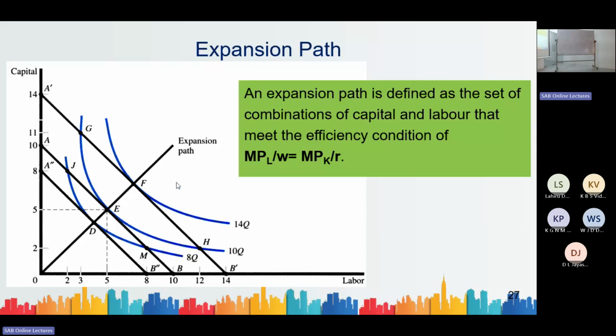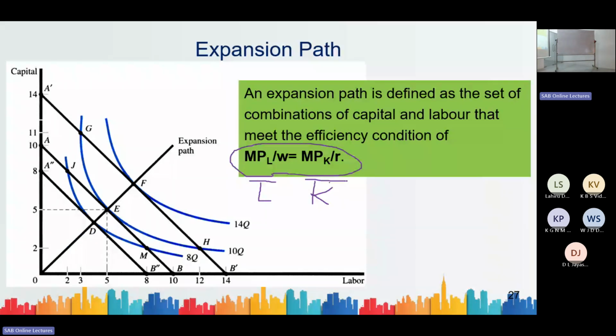At equilibrium, an additional rupee on each input generates the same additional output from each input. So they are equally beneficial. Therefore, there is no tendency for the producer to change the level of labor and the level of capital.